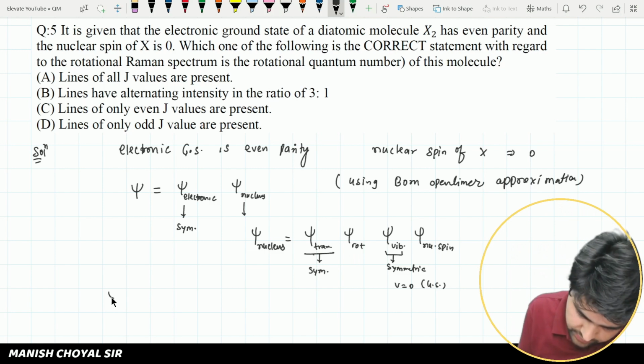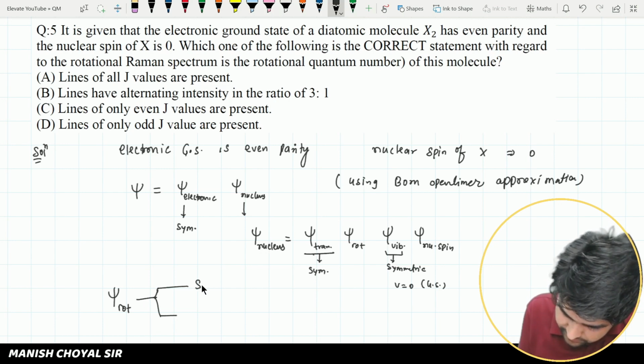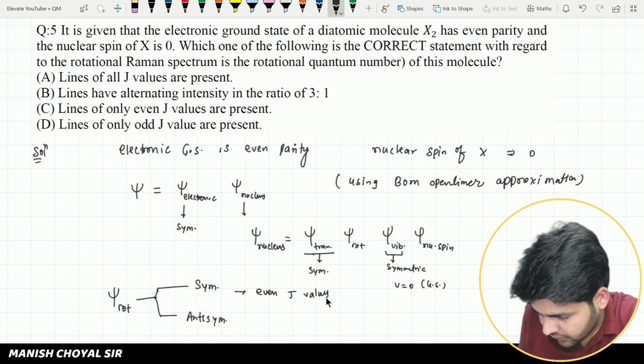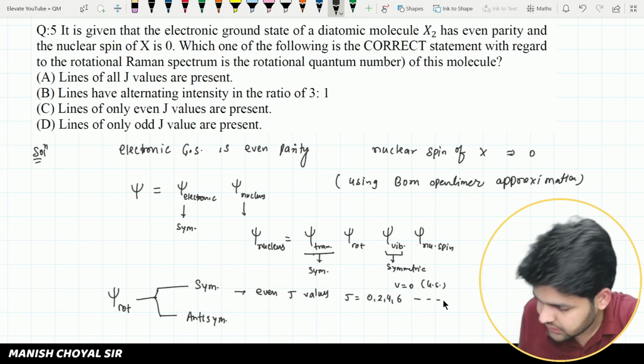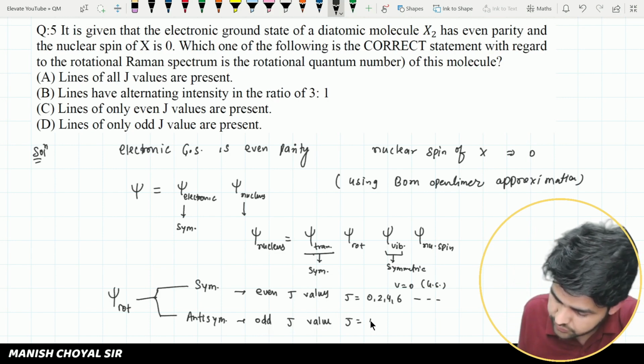Okay, so psi rotational has two cases, symmetric and antisymmetric. Symmetric for even J values, like J equals 0, 2, 4, 6 and so on, and antisymmetric for odd values of J, which is J equals 1, 3, 5 and so on.